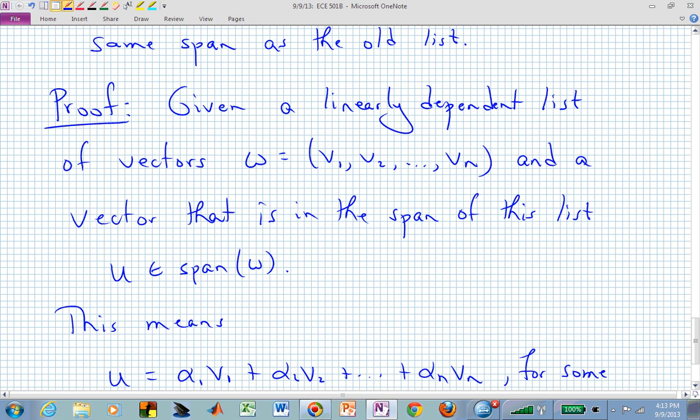And if those are linearly dependent, then we can write one of those in terms of the others. And if we can do that, why don't we just change the subscripts if we need to, to make V sub n be the one that we can write in terms of the earlier V1 through V sub n minus 1.